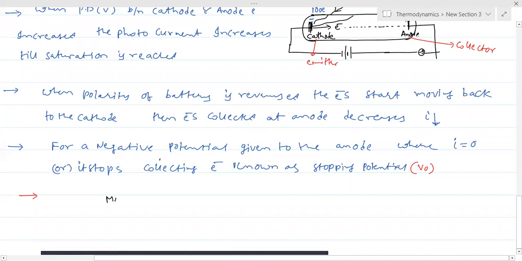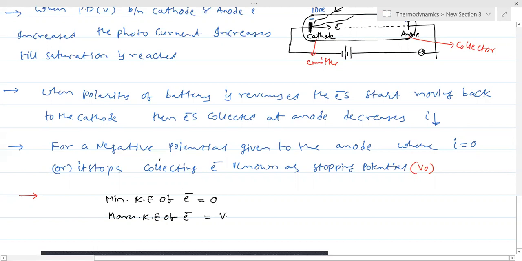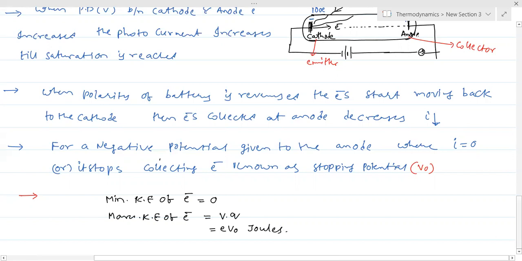They will ask for the minimum kinetic energy of electrons. The minimum kinetic energy of an electron is zero, because whenever the incident energy is enough to remove an electron, of course the electron is ejected, but with kinetic energy zero. Next, the maximum kinetic energy of an electron is VQ, where V is negative V naught and Q is minus e. So finally we get eV naught joules.